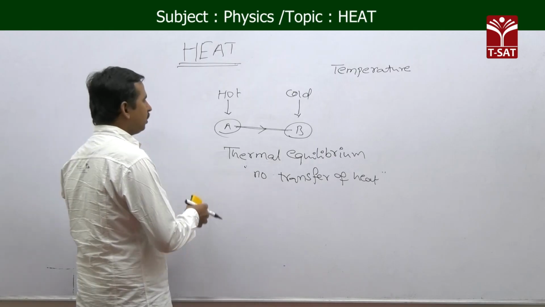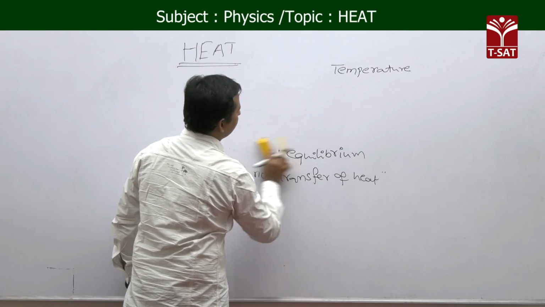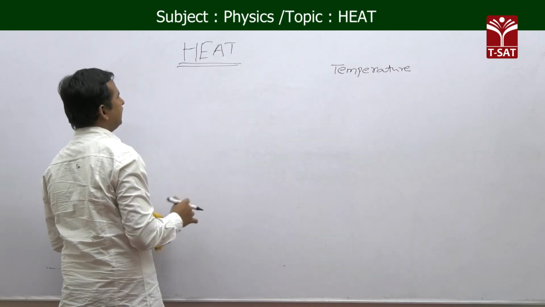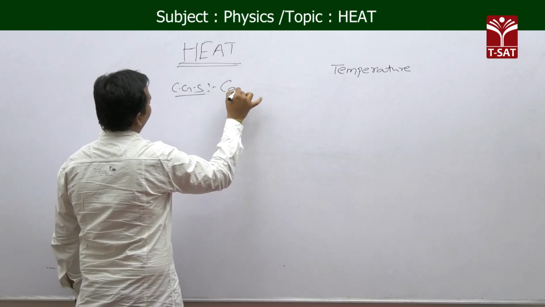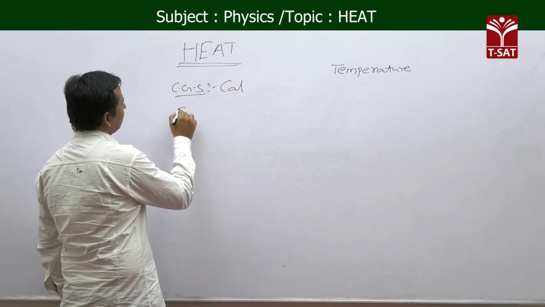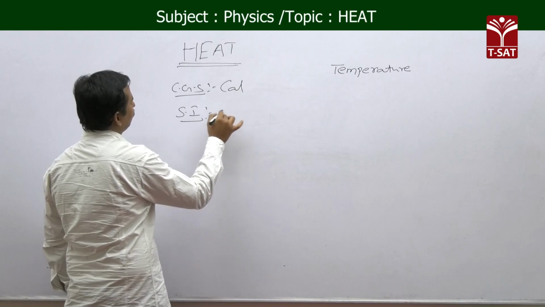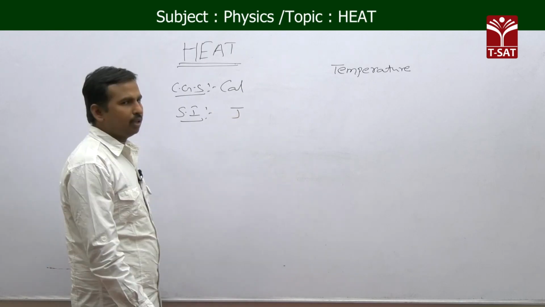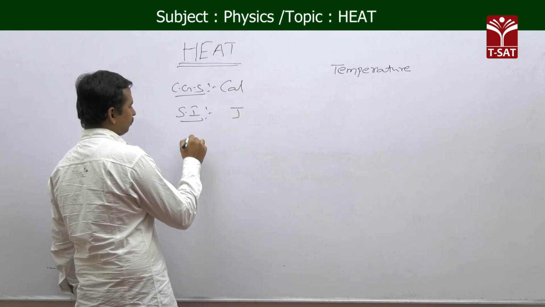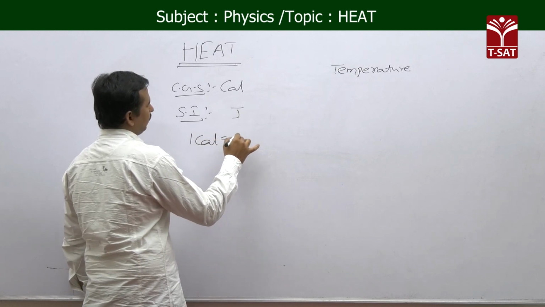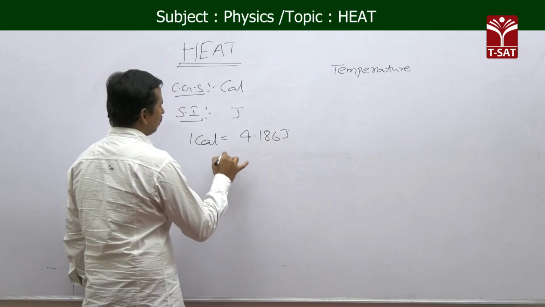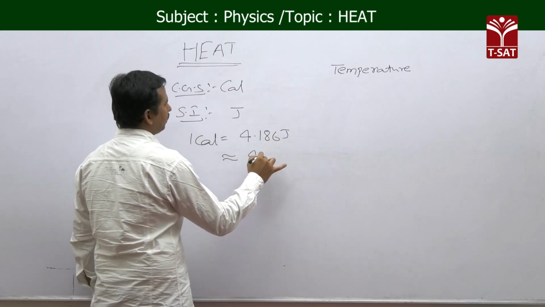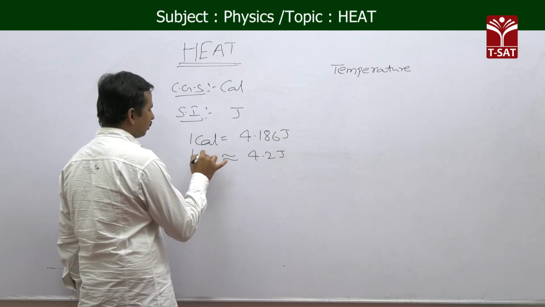Now the units. Heat energy has units of calories in CGS and joules in the SI system. We already know that 1 calorie is equal to 4.186 joules, approximately 4.2 joules.